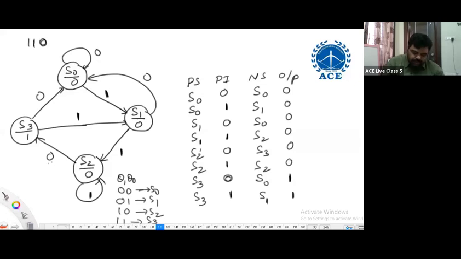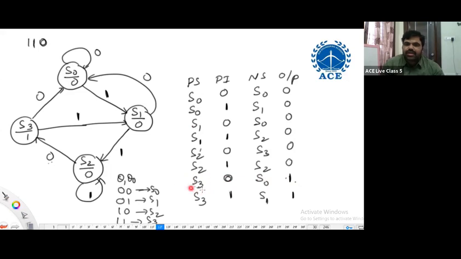That is what I have been saying, that you should think generally. So S3 to S0, output is 1. Don't say it with respect to the next state, say it with respect to the present state. In this cycle, the system is in the S3 state, right? Then the output should be 1, because the output depends only on the state, not on the input.